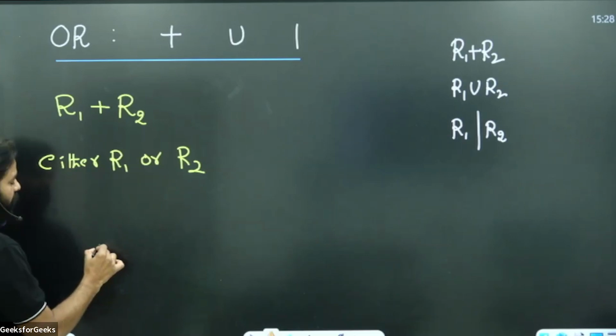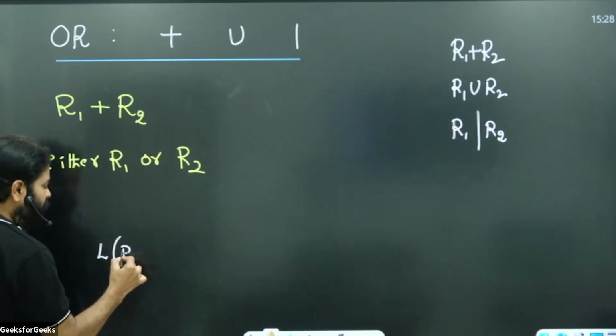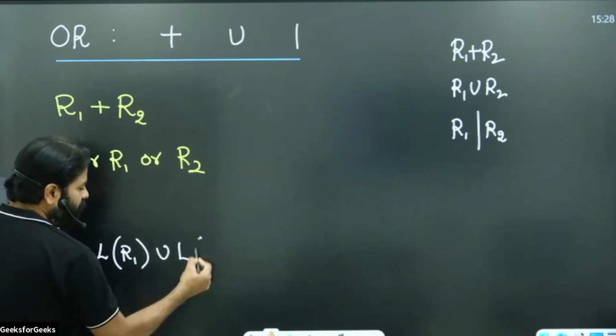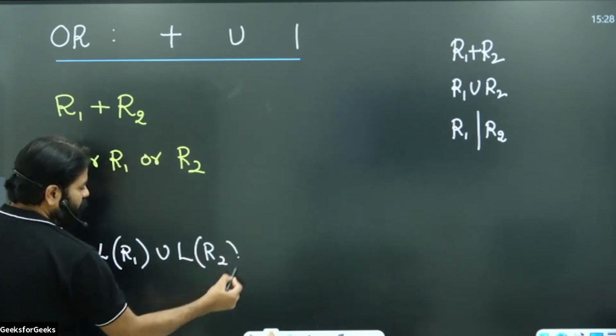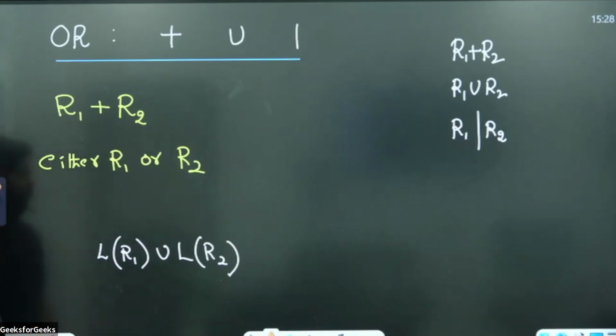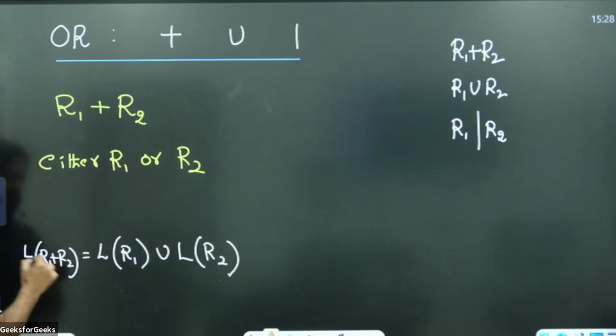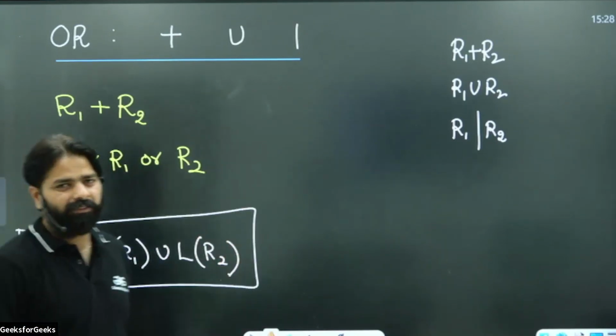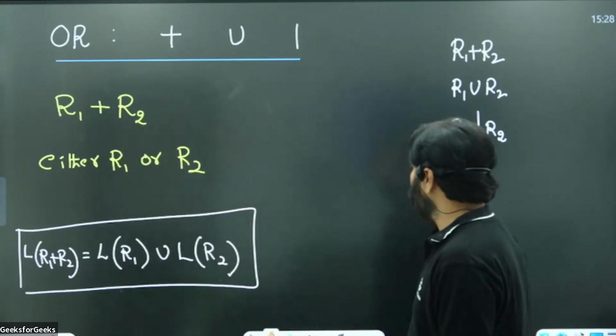It generates a language which is generated by R1 union the language generated by R2. So if anybody asks what is the language generated by this, you should say this. The language generated by R1 plus R2 will be the union of two languages in mathematics. Okay.